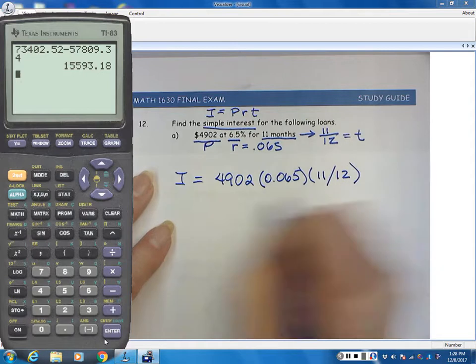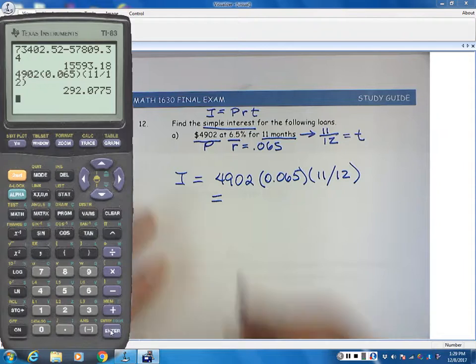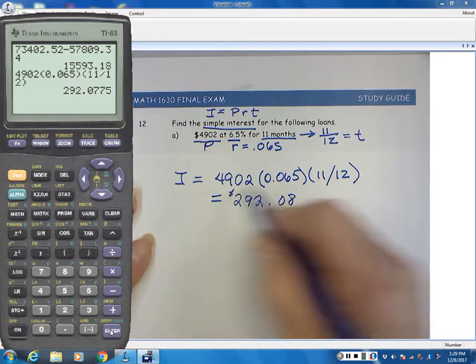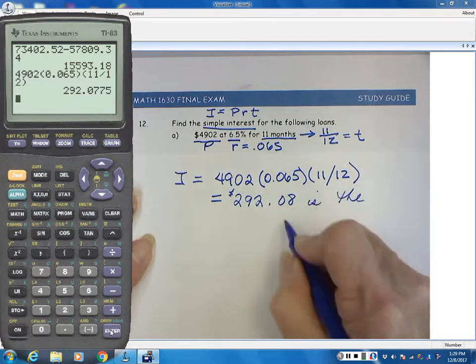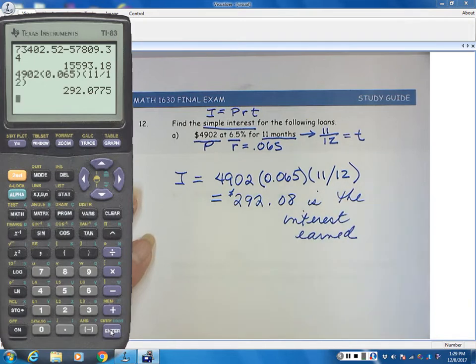So we'll put that into the calculator. The interest earned is $292.08. Okay?